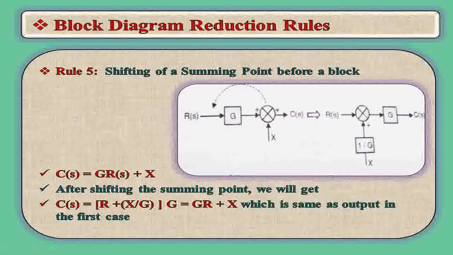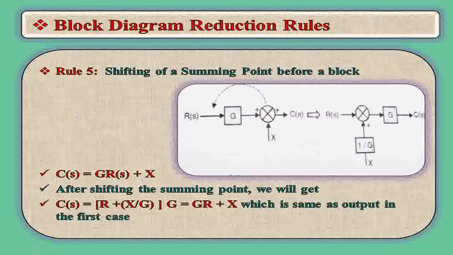Okay. Now next is rule number 5, shifting of summing point before a block. Here we can see the basic diagram of transformation. When we shift the summing point before a block, we need to do the transformation in order to achieve the same result.